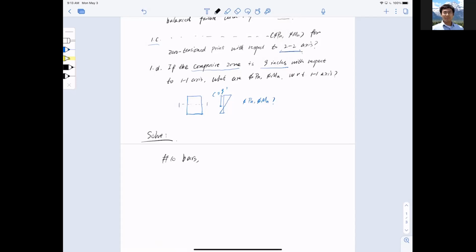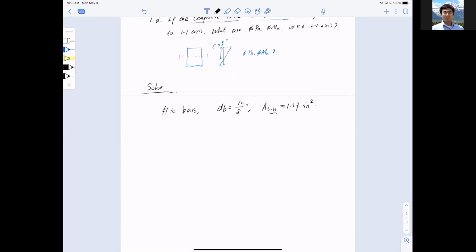From the table on the bars, we know that number 10 has a db of 10/8 inches, and a cross-section area As per bar of 1.27 inch squared. These are 2 numbers I'm going to use often during the problem solution, so I just want to put them out there.